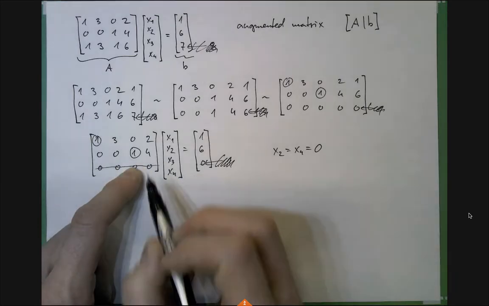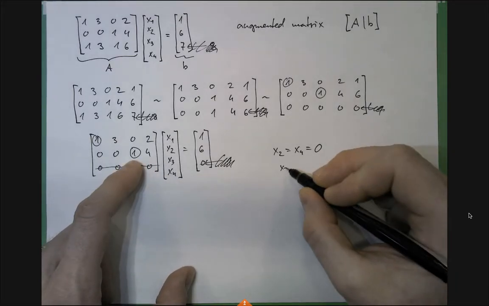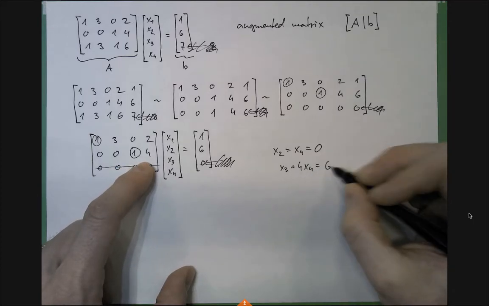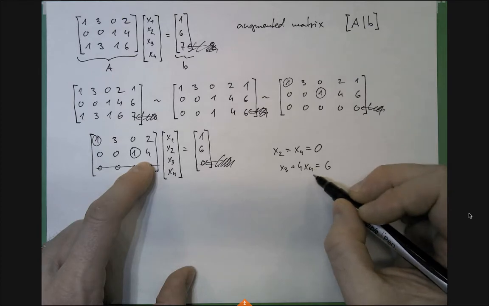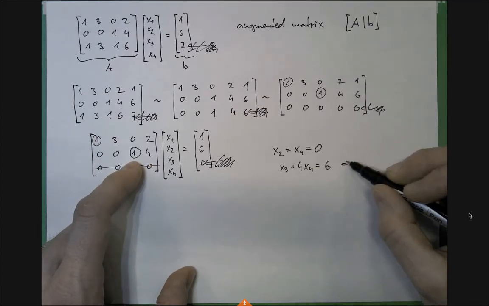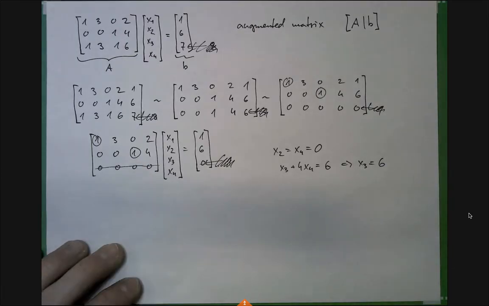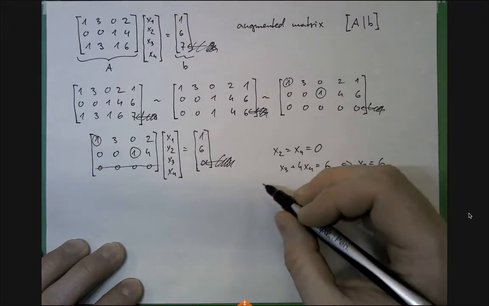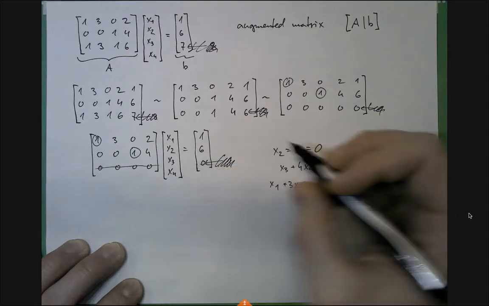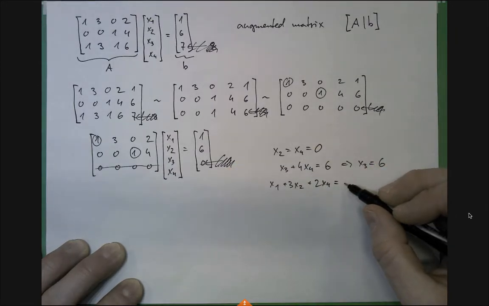So I put x4 to 0. The last equation tells me x3 plus 4x4 equals 6, right? x4 is 0, so it wouldn't even have to be there. So it says that x3 is 6. Okay. And the first equation tells me that x1 plus 3x2 plus 2x4 equals 1.